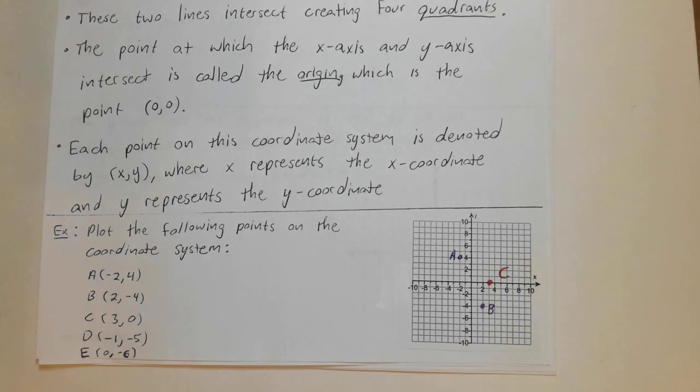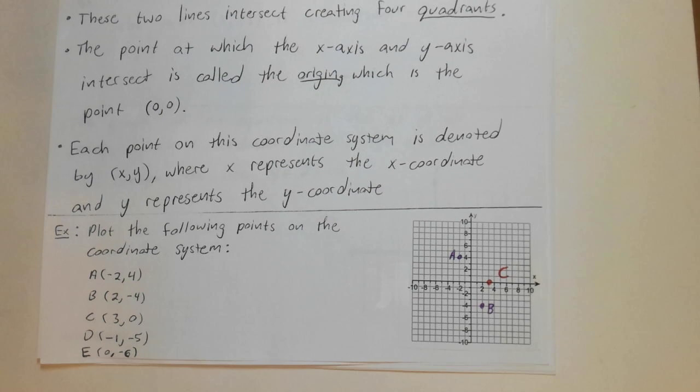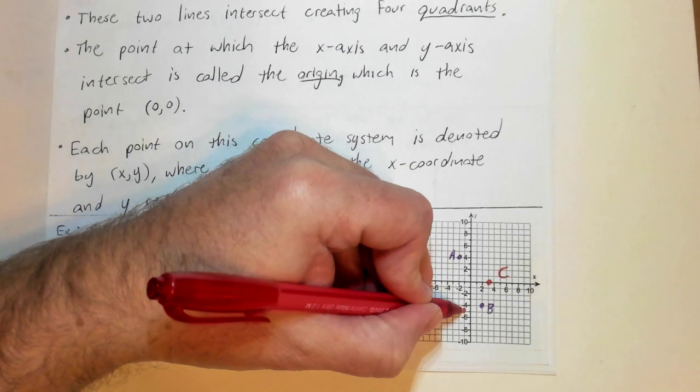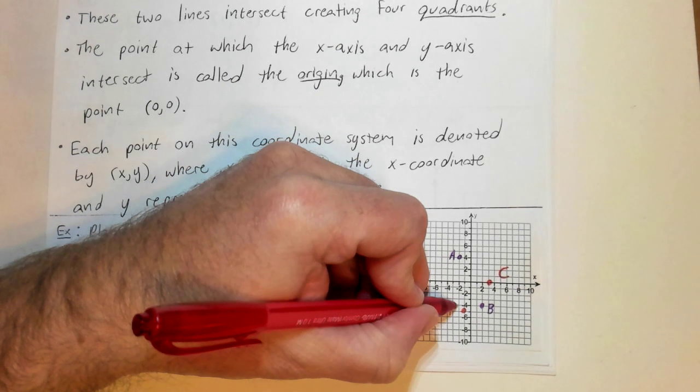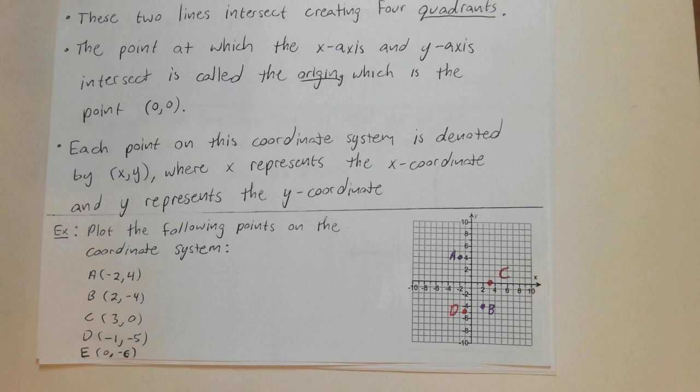And then D is (-1, -5). Both coordinates are negative, so that means we'll be in quadrant 3. So -1, and then my y-coordinate is -5. So it's right here. Okay.